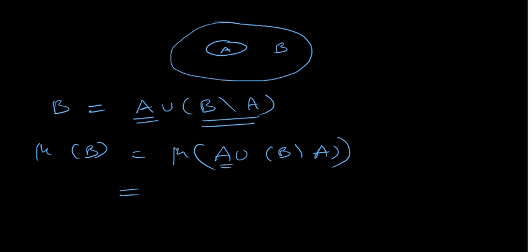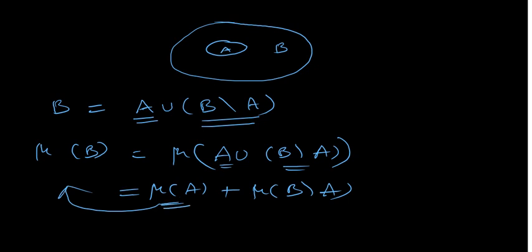They are measurable and disjoint, so it's equal to measure of A plus measure of B minus A. Now we can transfer this here, because it is finite. Mu of A is finite, we can transfer it to this side, so that means mu of B minus A is equal to mu of B minus mu of A. That's all for today.